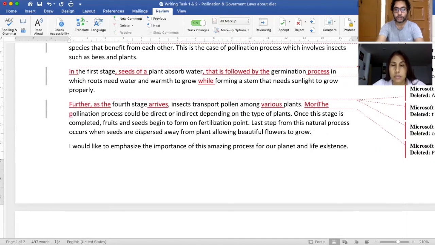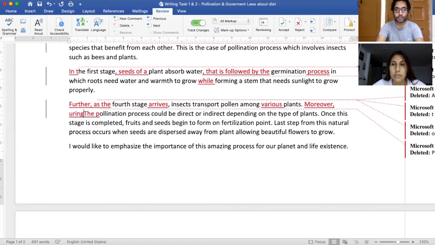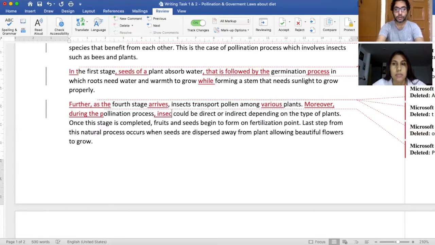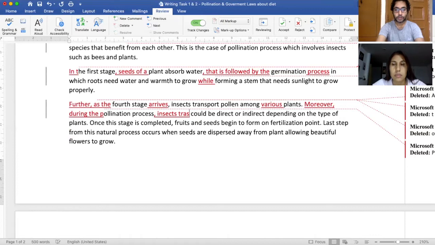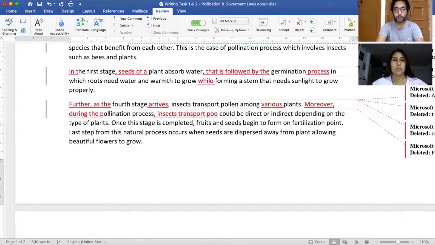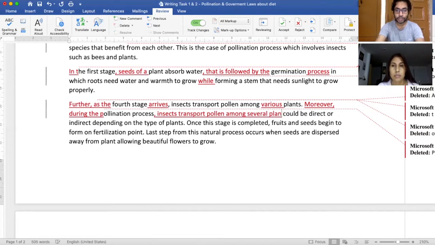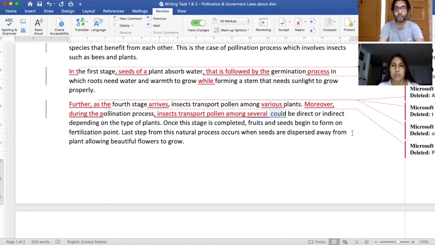Moreover, during the pollination process, insects transport pollen among several plants. And there's nothing indirect. Okay.